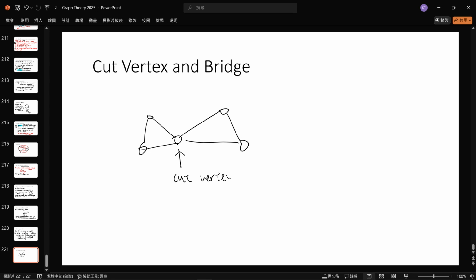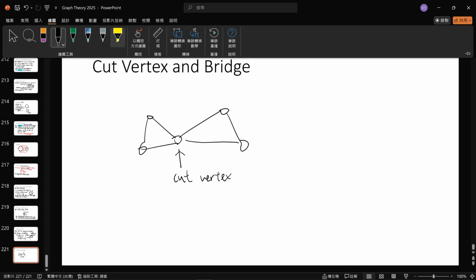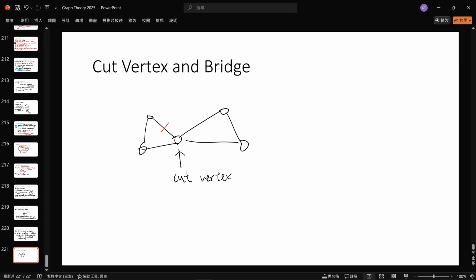The reason is that after you remove this vertex, we also remove its incident edges. So all these 4 edges incident to this vertex are also removed, and then the graph becomes disconnected. So this is a cut vertex.